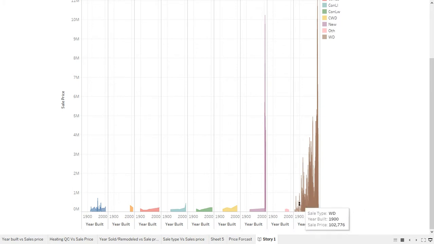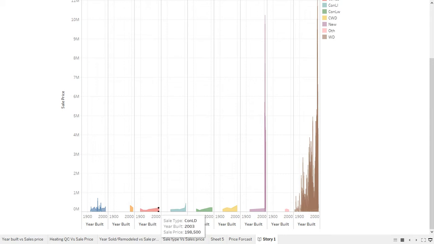Houses with a conventional warranty deed, which is very popular, as you can see, have more people using it to buy or sell houses. It has an increasing trend over time, as opposed to the other sale types, like the cash order deeds and the contracts with low down payment.